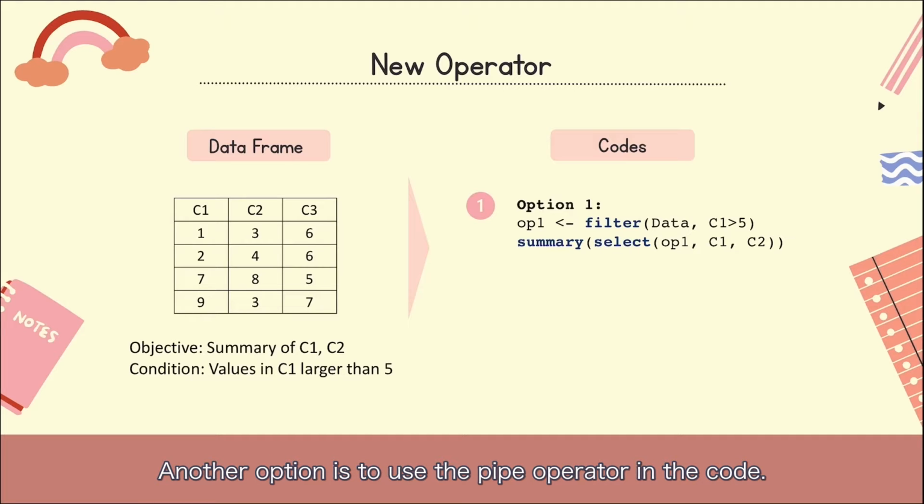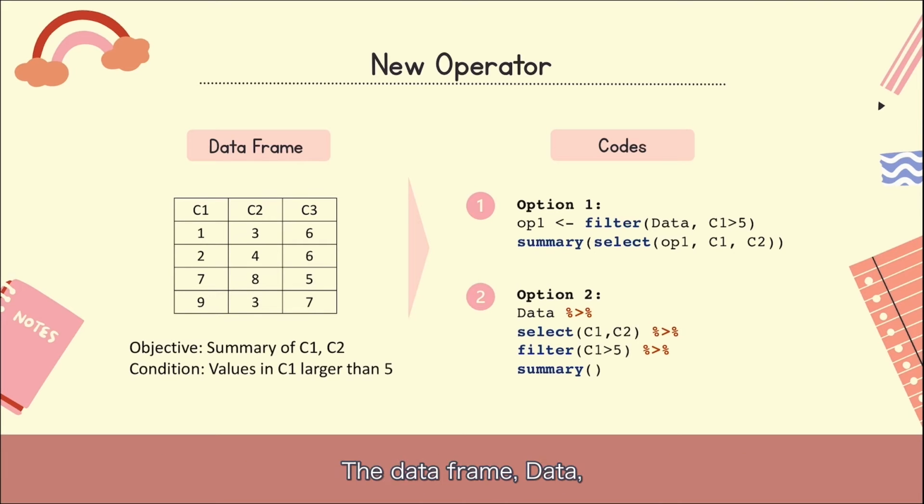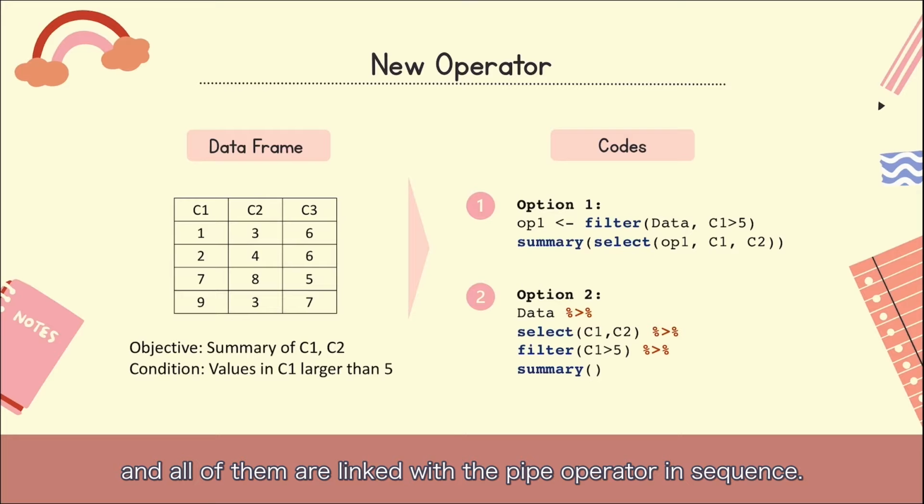Another option is to use the pipe operator in the code. The data frame data is put first and followed by a pipe operator. This means that the later operations will be done on this data frame, or say we are passing data through the pipe to the function on the right-hand side. We will do 3 things to data, and all of them are linked with the pipe operator in sequence.